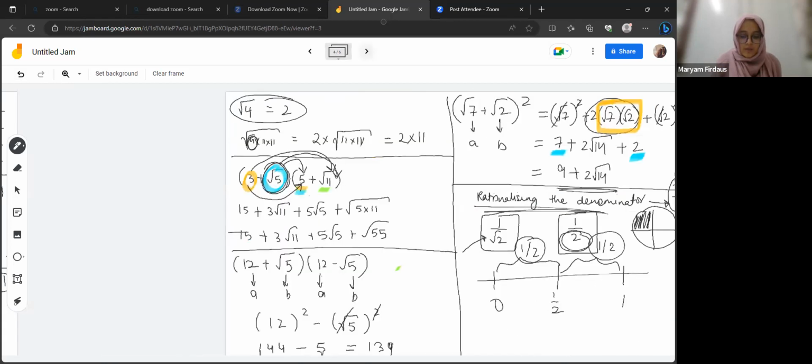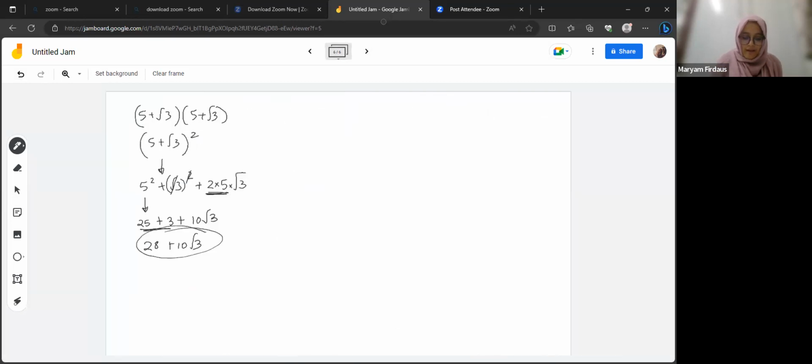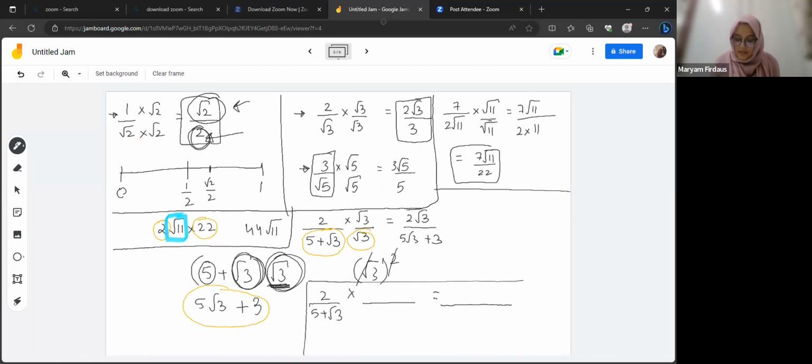And what are we supposed to do? If you have 5 plus root 3 in the denominator, multiply the fraction with 5 minus root 3. Getting it? Multiply the fraction with 5 minus root 3 in both the numerator and the denominator, and tell me what you are getting.